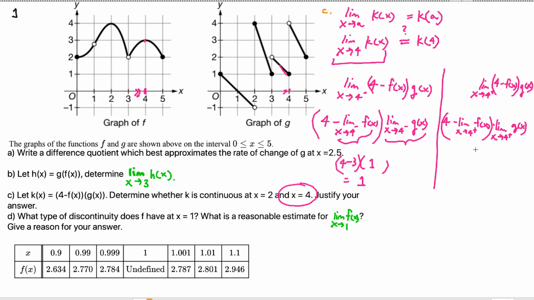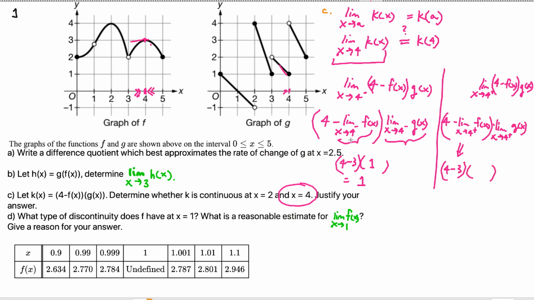Now let's look at the right-hand limit. What is the value of the limit as x approaches 4 from the right of f of x? From the right of 4 is over here, and I get that it's getting closer and closer to 3. So this is 4 minus 3, times whatever this is.